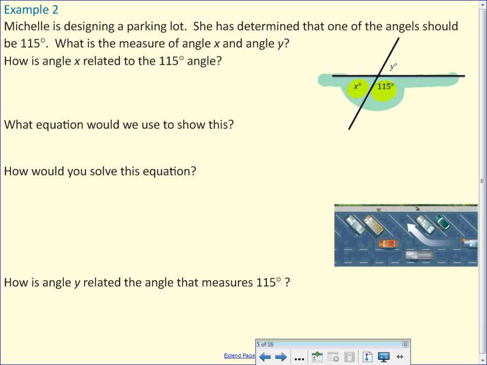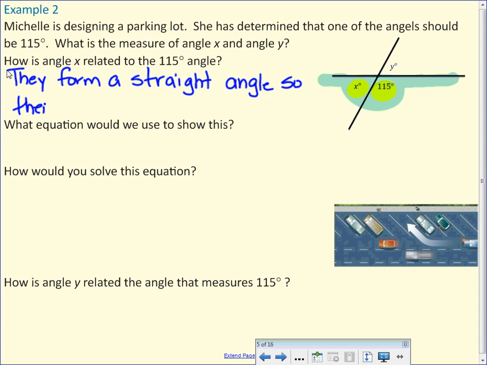Right. They form a straight angle. So their sum equals 180 degrees. So what equation could we write?